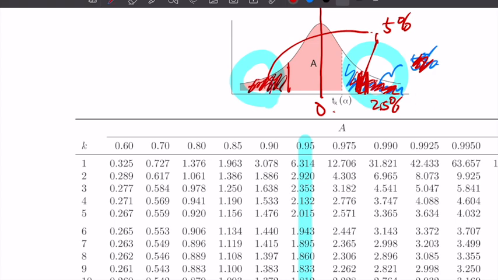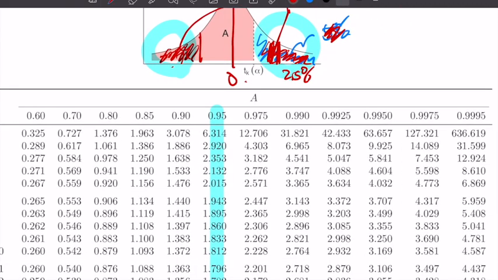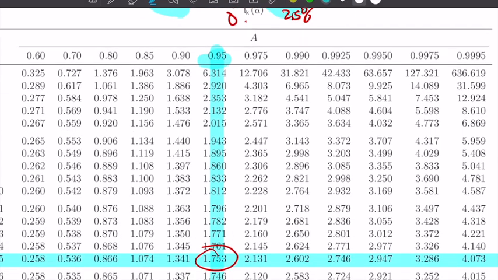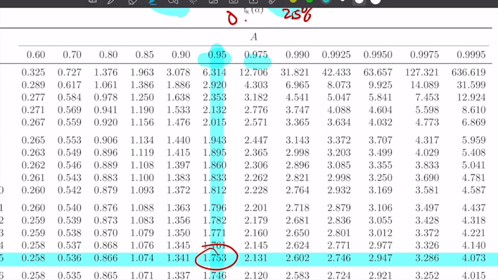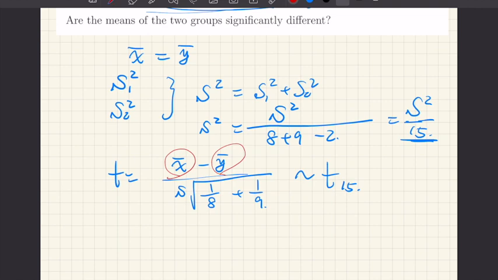The lower part will automatically be 2.5% because of the symmetry. So in that case, instead of 0.95, we look at 0.975. We want to look at this value. And we also calculate not this but the absolute value of this, so just ignore the sign. Then we can check whether this is significantly different or not.